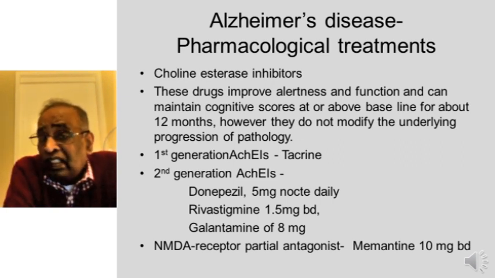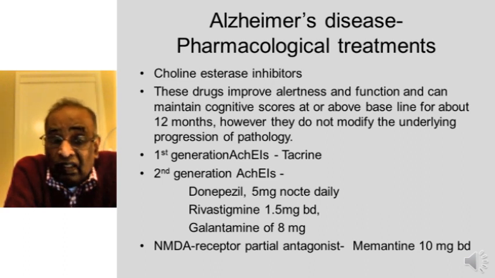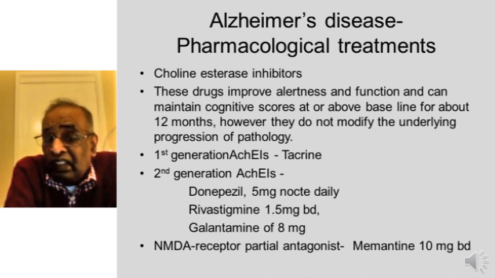However, they do not modify the underlying progression of pathology. First generation of anticholinesterase inhibitors: tacrine. Second generation would be donepezil, rivastigmine, galantamine. And there is a third one, an NMDA receptor partial antagonist, memantine.